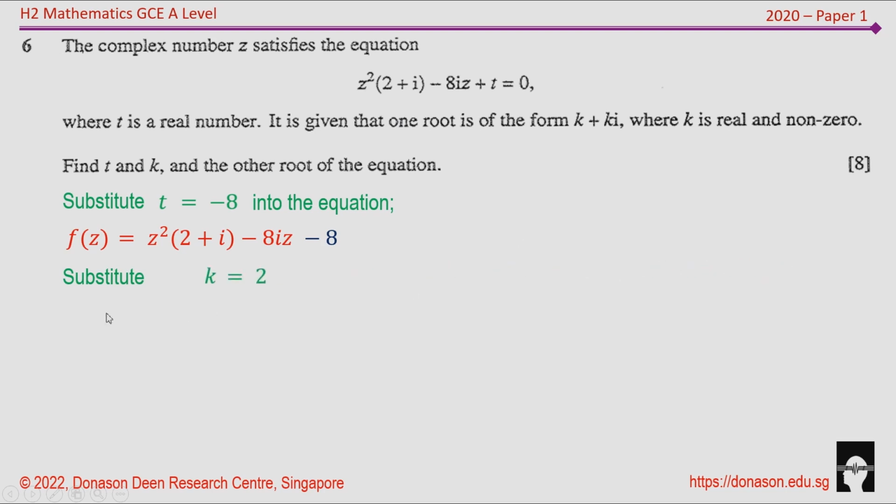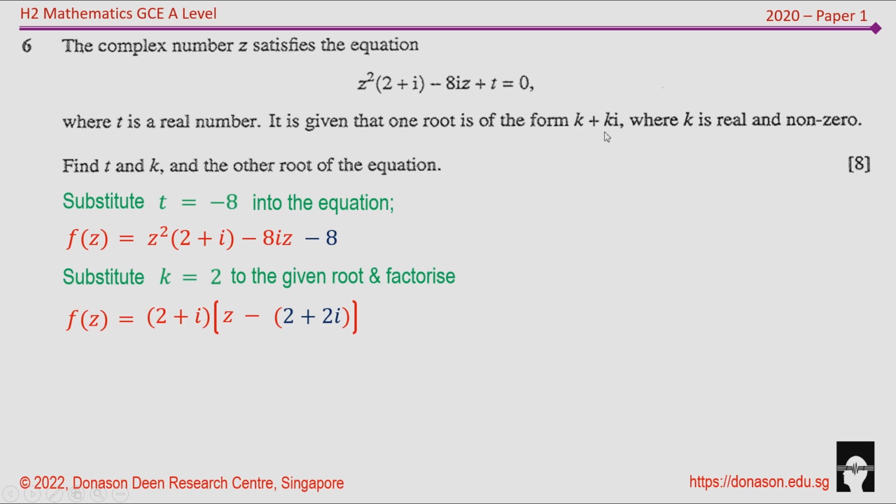Since k is equal to 2, into the given root, this was the given root, right, we can factorize it. So f(z) would be equal to (2 plus i) times (z minus 2 plus 2i), since this is one of the roots. I have just replaced the k with a 2.